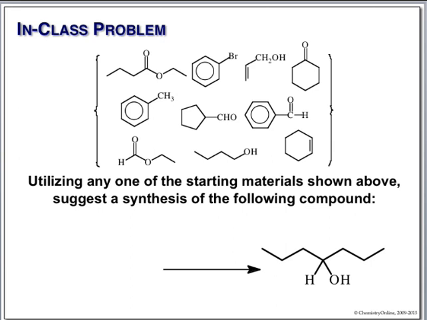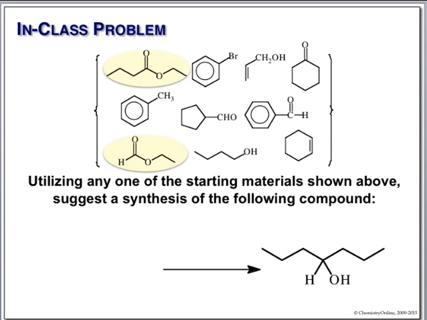We know that we can make alcohols from carbonyl compounds by simple Grignard reactions. We can also make it by a hydride reduction of a carbonyl. So we want to look up here and see if we can find pieces that we could use to make this.